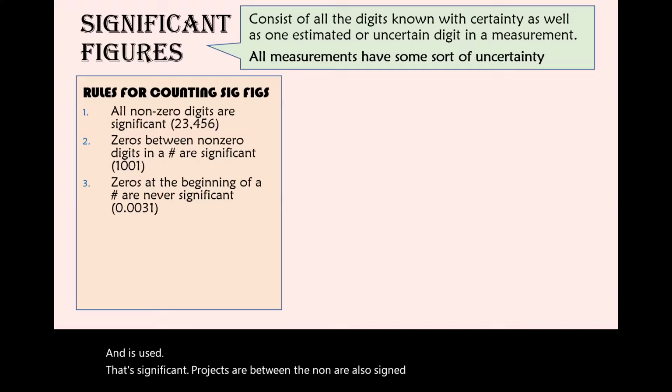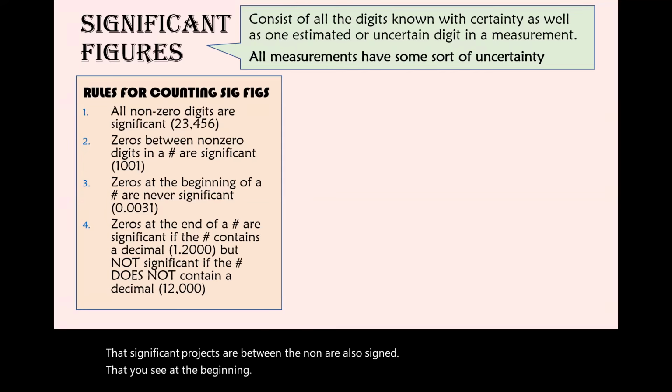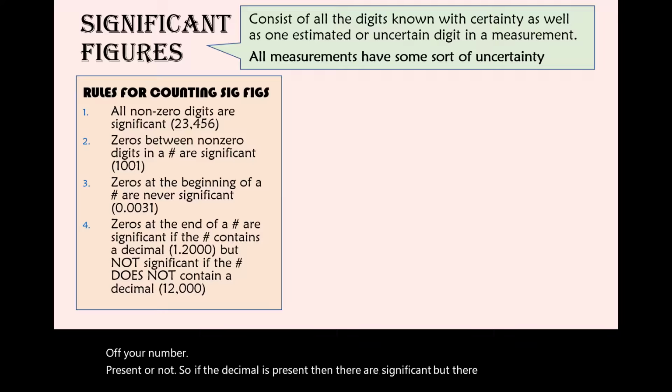Any zeros that you see at the beginning of a number are not significant. Any zeros that you see at the end of your number, their significance depends on whether a decimal is present or not. So if the decimal is present, then they are significant. But if the decimal is not present, then they are not significant.